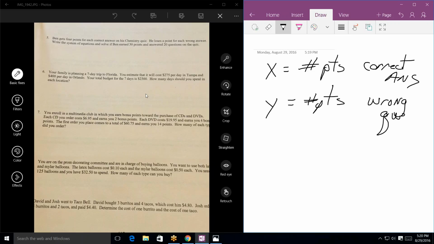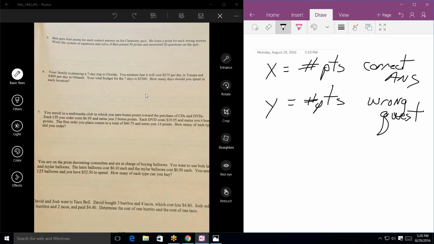Usually that's the way these variables go. In other words, they tend to go together. Now let's see if that makes sense. He earned 30 points. So what's the equation going to be?